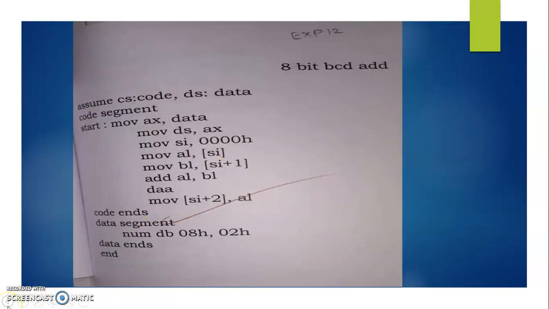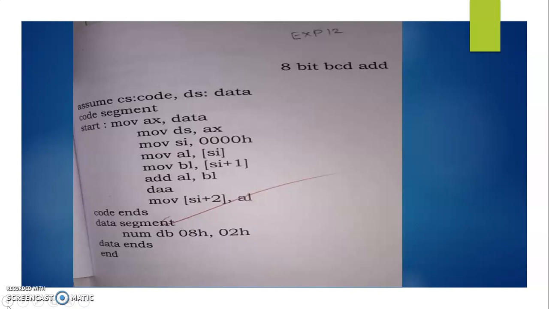So now we can see the program for the 8 bit BCD. First assume CS code, DS data, code segment you have to write. Then MOV AX, data, meaning to give access to your data segment you have to write this. MOV DS, AX, so the 16 bit register value AX will be stored in DS. Then you have to give a source index that is 000H.